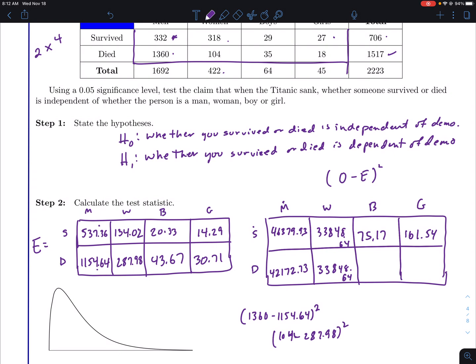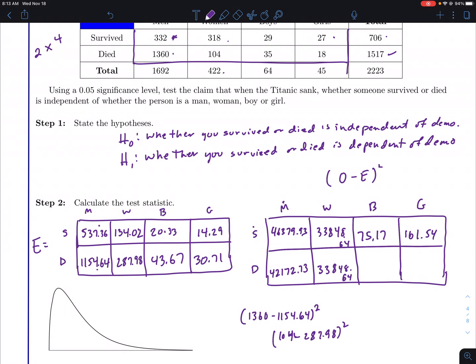That's the same as the one above. Now I have to wonder if I didn't mess that one up. Let me check just to make sure. Let me check the 318 minus 134.02 squared. Nope, it's exactly the same. Okay.